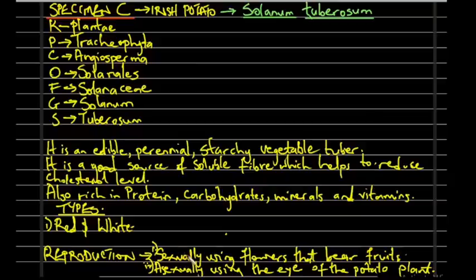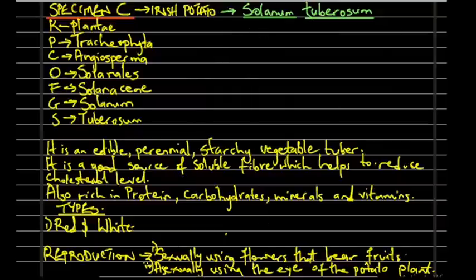But if it is asexual, we make use of the eye of the potato plant. We get the eye of a ripe potato plant, and then we pick the eye on which asexual reproduction is carried out. So that is what the Irish potato has for us, the Solanum tuberosum.